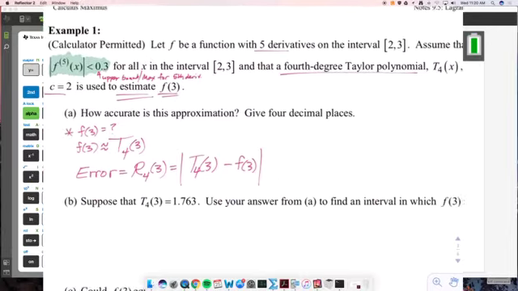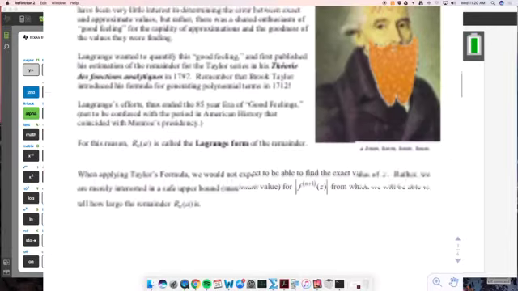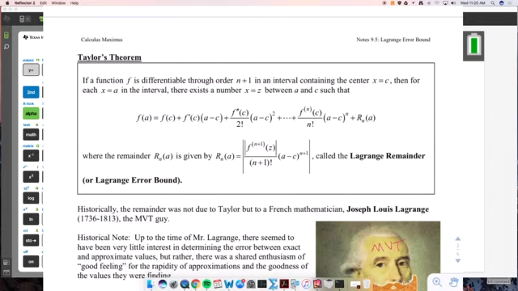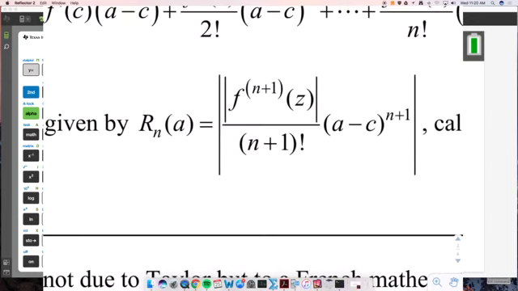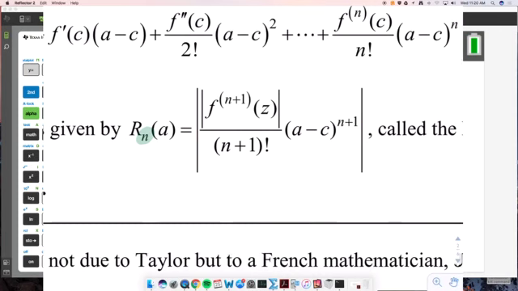So now, how can we do that? Well, Taylor's theorem says that, in general, if you are using n terms for an approximation, the remainder of using that many terms is going to be equal to this. And that's where the n plus 1 comes in.